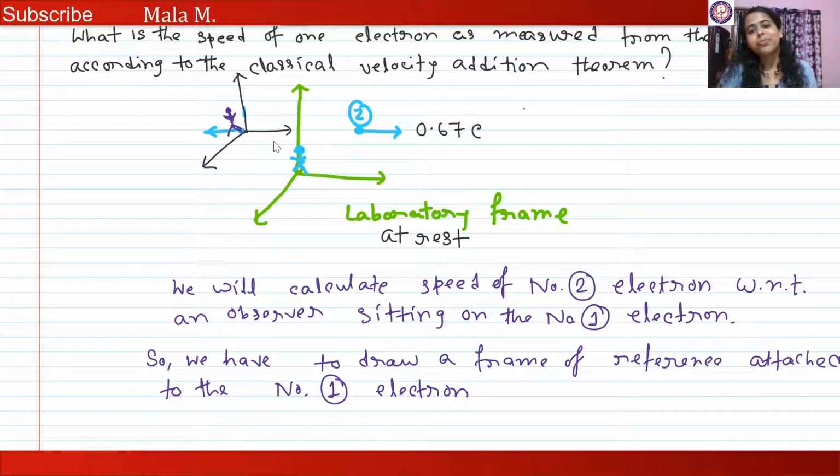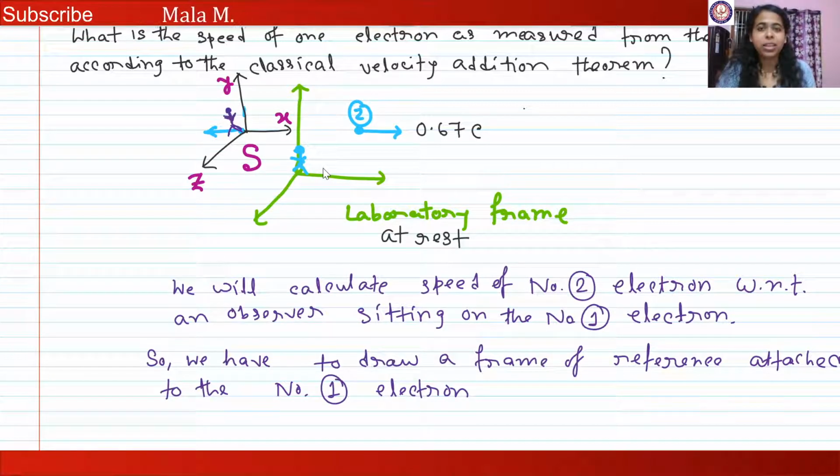So now, when this observer is measuring the speed of this electron, we can solve the problem in many ways. I will take this one as my S frame. So it is my X, this is my Y, and this is my Z. What data do we have?